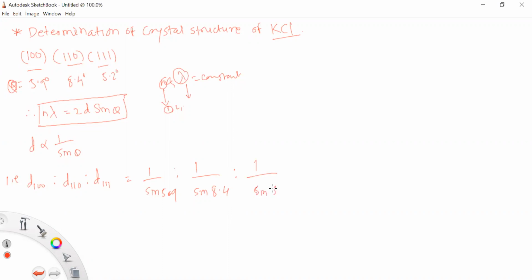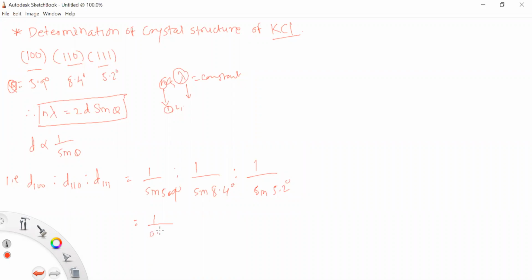Sine 5.9 degrees is 0.1028, sine 8.4 degrees is 0.146, and sine 5.2 degrees is 0.0906.